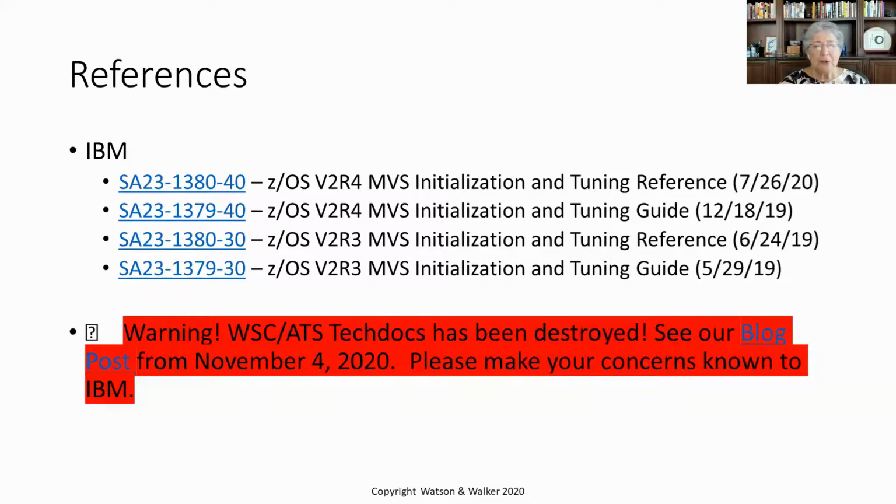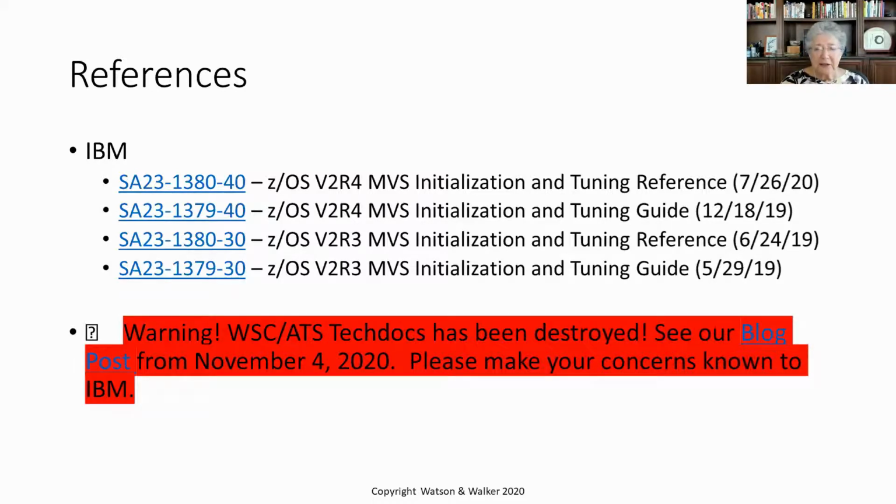And whenever you go to that link for -30, and the handout's up there, anything underlined in blue is a hot link. If you hit the -30 link, you will get the Init and Tuning Reference from 2.3.